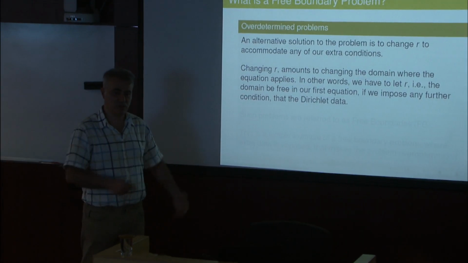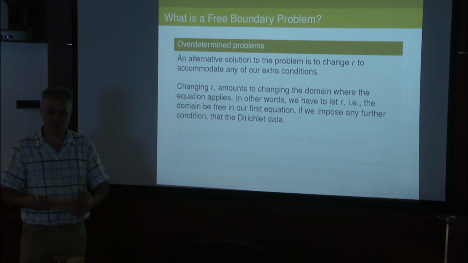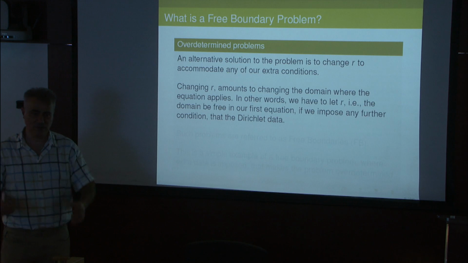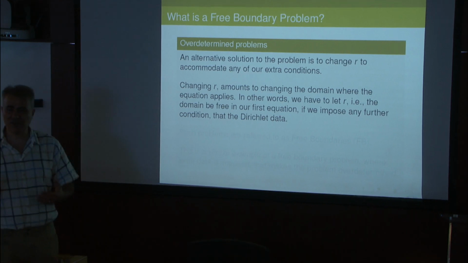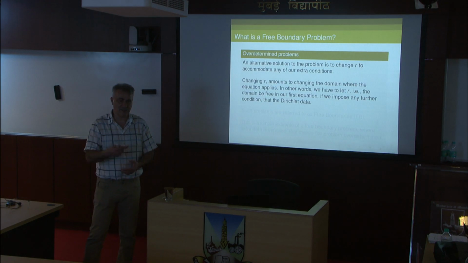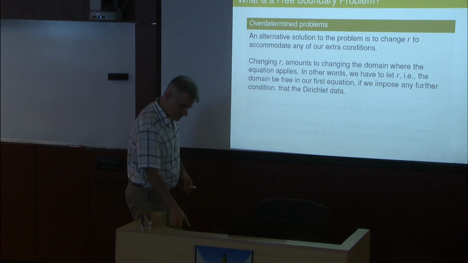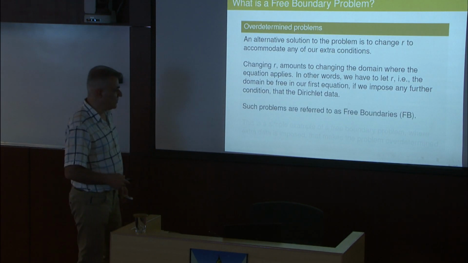We will come to those problems as well. That gives you a freedom of letting R be free and finding the solution. This is a very specific spherical symmetry, almost one-dimensional, because in R^n, when you have spherical symmetry, it's a one-dimensional problem. Okay, so let me go on.